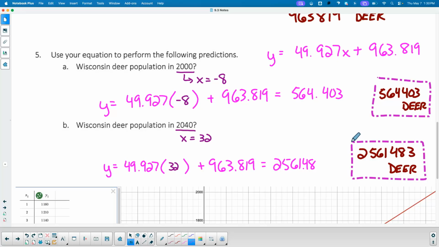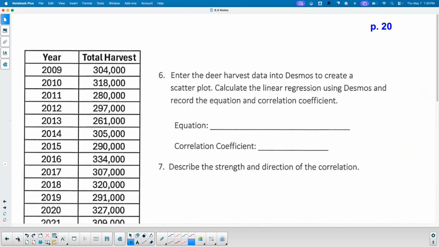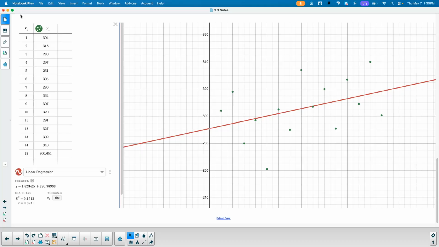You answer the questions on the back side. So this is what I got for my equation and my R value.